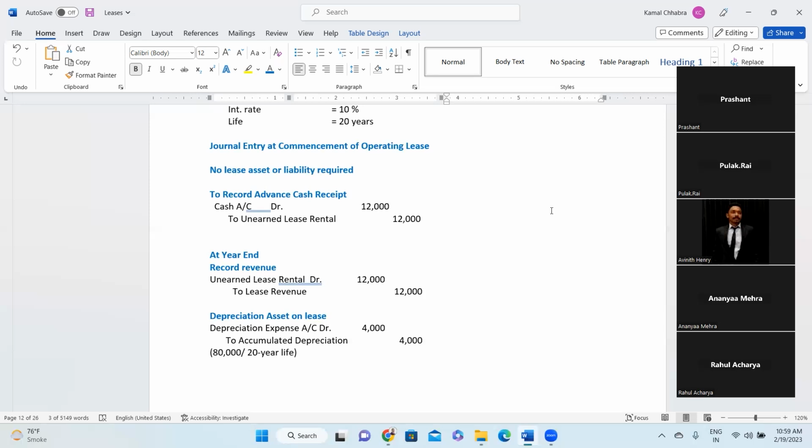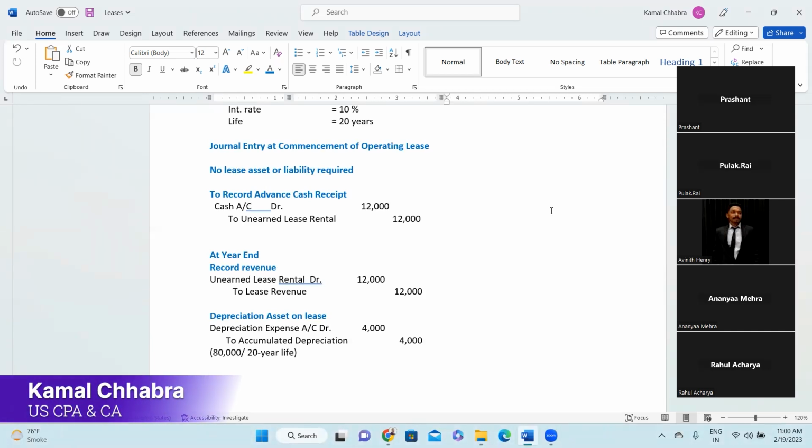But at the same time in your books, the car is your fixed asset, right? You need to give the depreciation of it. Okay, so this is all from the lessor's point of view. We are not required to recognize any depreciation from the lessee's point of view. So all the accounting we have been doing since morning is from the lessor's books.